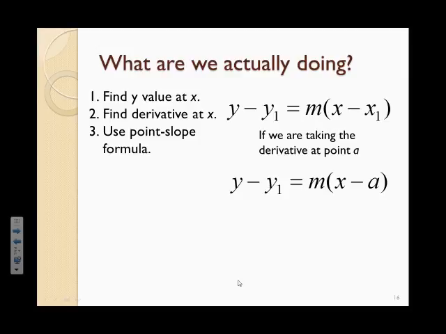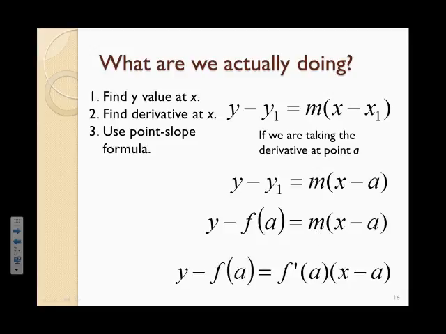Well, the calculus way of saying that is that you're doing f of a. You put in a for x and find what your answer is. So to make this formula more calculus-based, so to speak, we can substitute these two things in. And we remember that the slope is also the derivative. So if we're going to continue this theme, the slope, or our m, will also be equal to f prime of a, or f prime at a, the derivative at a.